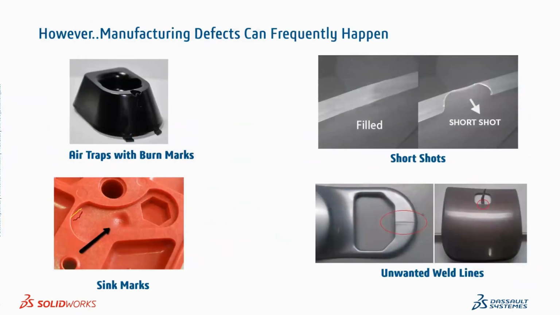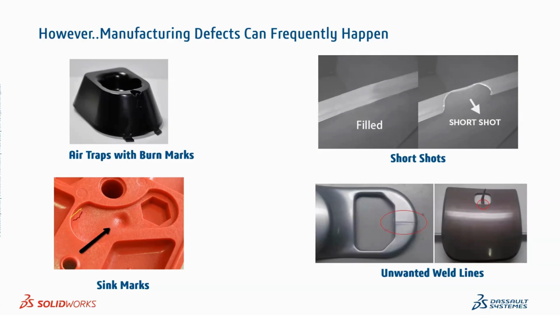So if we talk about how we manufacture plastic, it is not an easy task because we can get a lot of defects during manufacturing of the plastic during the injection molding process. So the first defect that can happen is air trap with burn mass, as you can see in the slide.